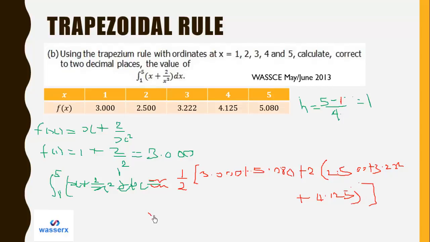Now if you take the calculator and evaluate this, you are going to get 13.89 correct to 2 decimal places. So that is how the trapezoidal rule works.